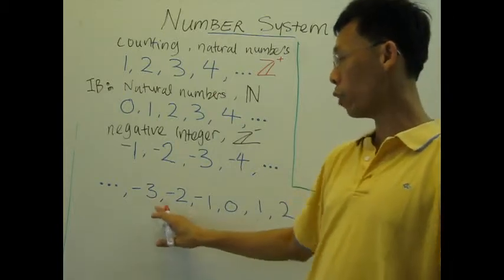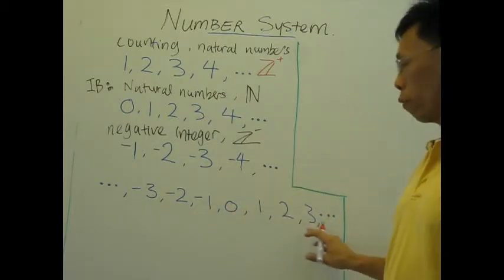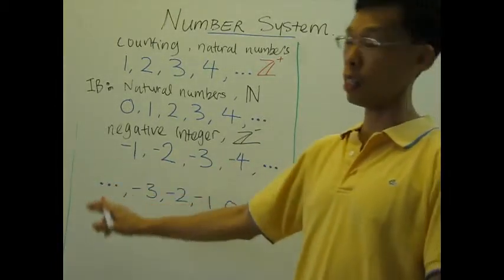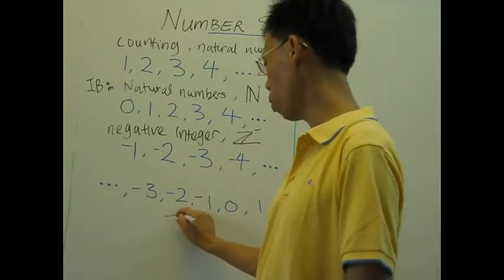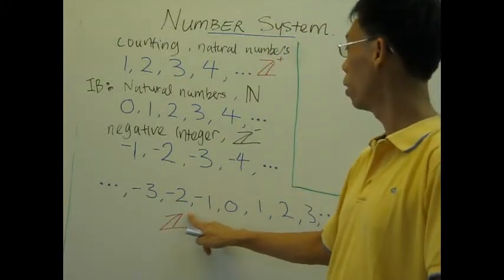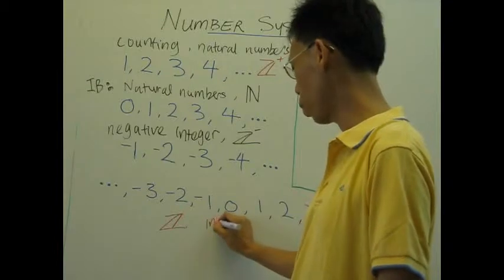You have the negative integers and positive integers and 0 added together. This system of numbers is just simply called integers, without the plus and negative sign, right? Just integers.